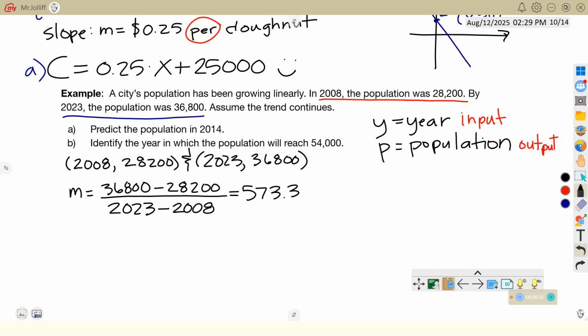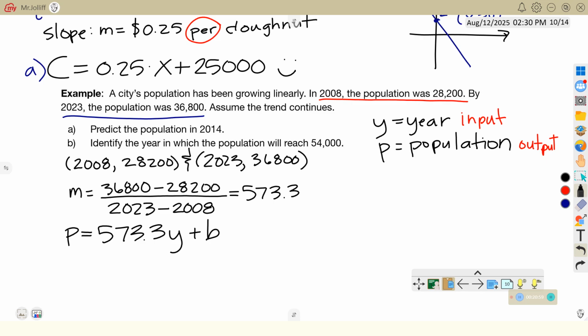So we're going to write our equation, plug a point in, just like we did for the bell ringer today. So my equation is my population equals my slope times my input plus b.